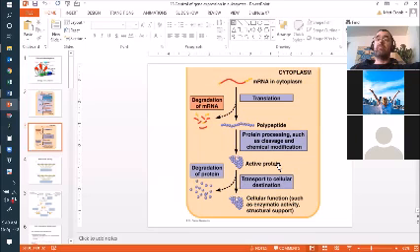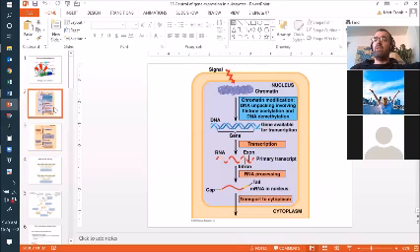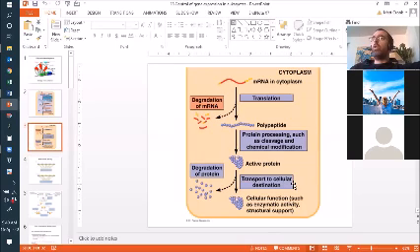So these might be proteins that are involved in transcription, right? So they're going to have to be exported back into the nucleus. They may be hormones or something like that, which need to be exported out of the cell. And there might be hormones that need to be exported out of the cell only when they're needed. And so insulin is a classic example of that, right?